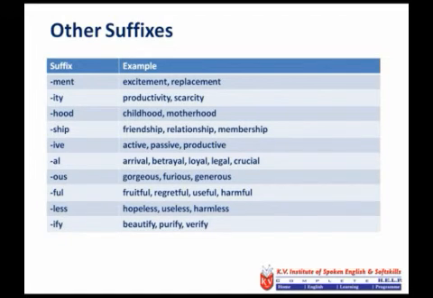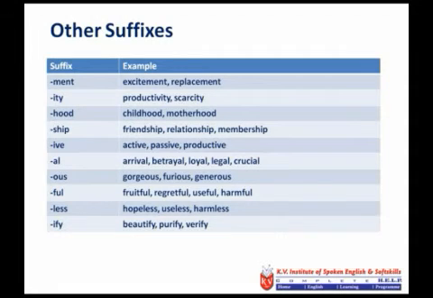Ity, which can be used in productivity, scarcity. Hood: childhood, motherhood. Ship: friendship, relationship, membership. Ive: active, passive, productive. Al: arrival, betrayal, loyal, legal, crucial.